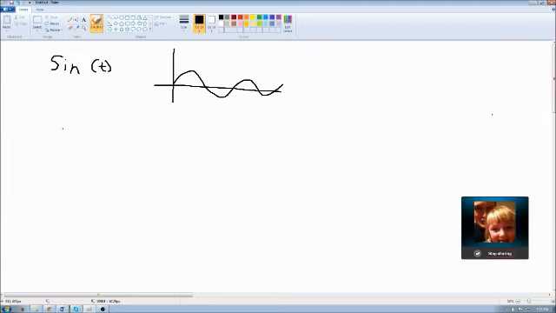Another pretty common one is u of t, which is a unit function. Basically that's an amplitude function.